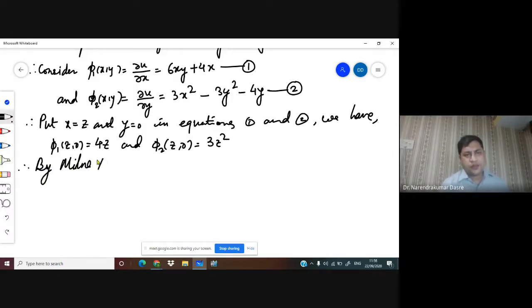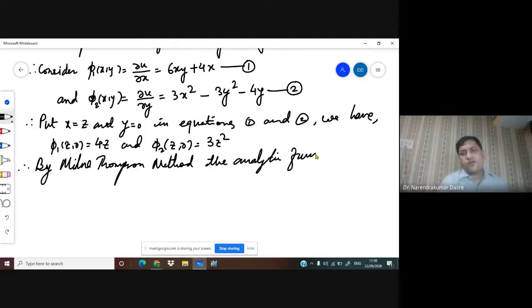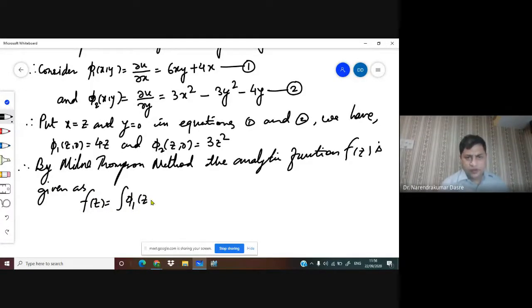So by the Milne-Thompson method, the analytic function f of z is given as f of z is equal to integral phi1 of z,0 dz minus i integral of phi2 of z,0 dz plus c1.